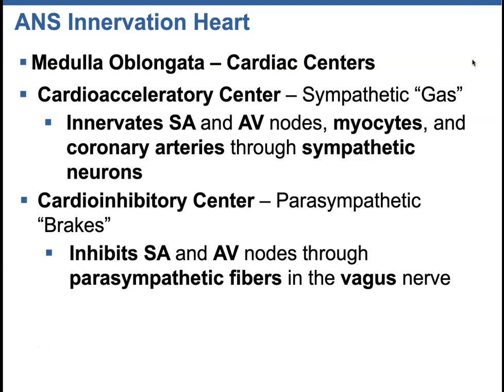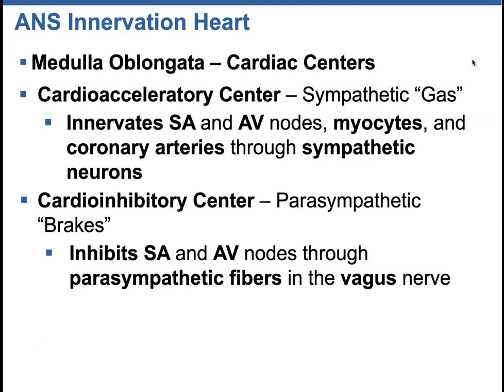And this is what will directly connect to the SA node and the AV node, and that will cause an inhibition of the SA node and AV node, thereby hyperpolarizing some of those cells and causing those cells to depolarize less frequently. So if a cell depolarizes less frequently, then it can't contract as frequently, so that slows things down.